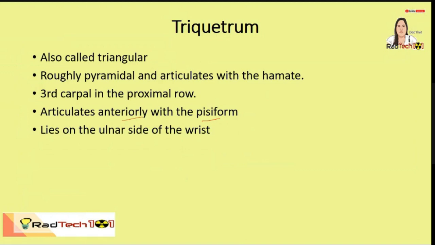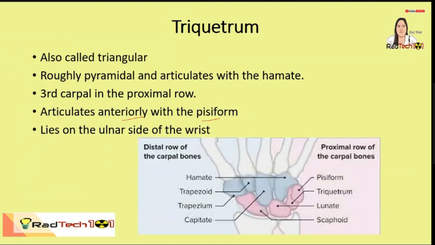And nasa ulnar side naman siya ng wrist. Ito yung ating radius. Ito yung ating ulna. So, yung ating triquetrum, dito siya na side sa ulna. So, it articulates with the hamate anteriorly. Ito, attach siya dito sa hamate.